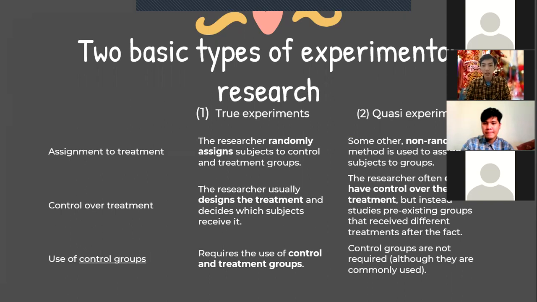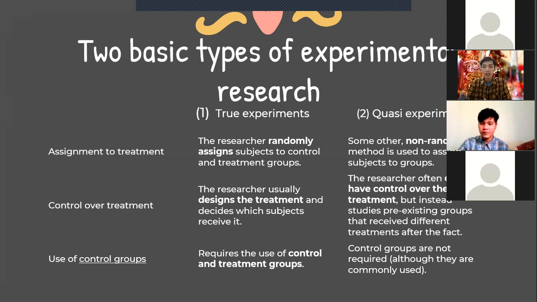For control over treatment, in true experiments the researchers usually design the treatment and decide which subjects receive it. But in quasi-experiments, the researchers often don't have control over the treatment, but instead study pre-existing groups that receive different treatments after the fact.